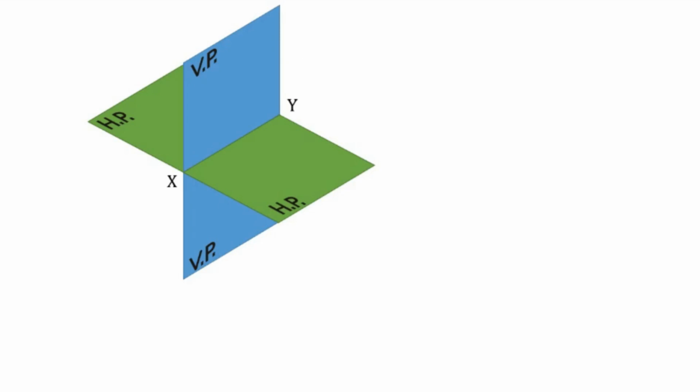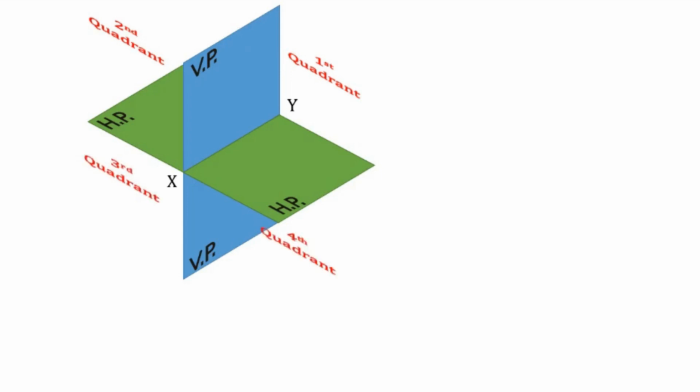And together, this HP and VP divide the entire space into 4 different quadrants. That you might have studied in your school days. The quadrants are named as first quadrant, second quadrant, third quadrant, and fourth quadrant.